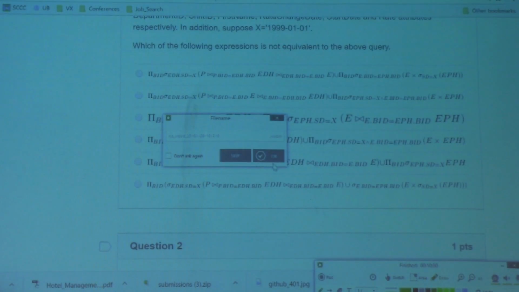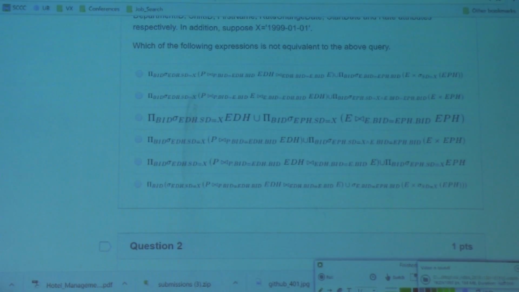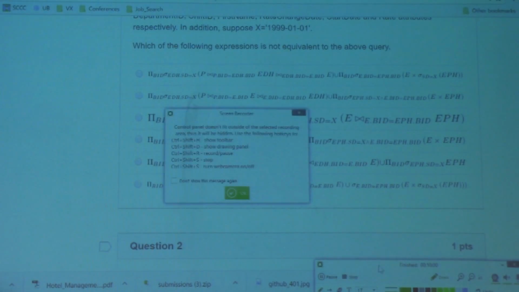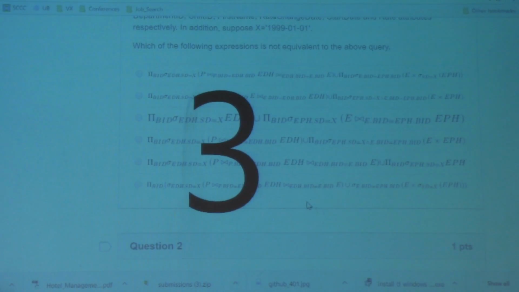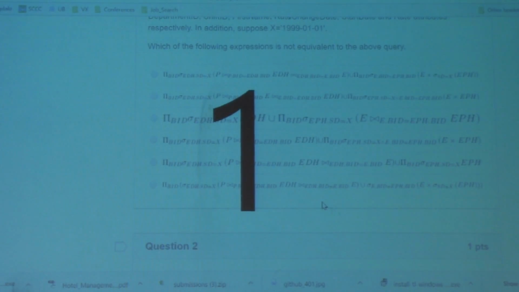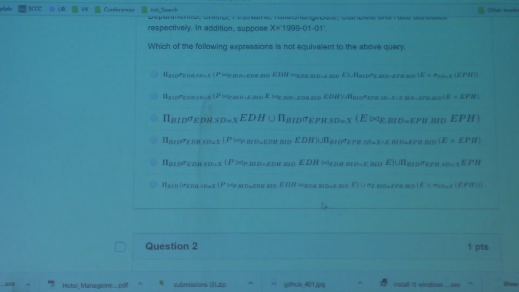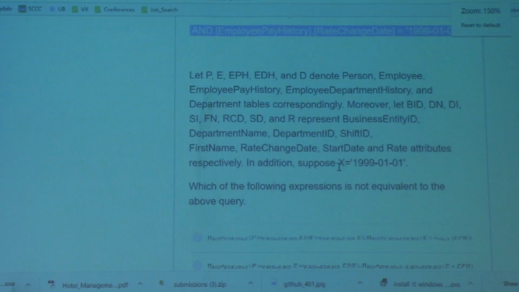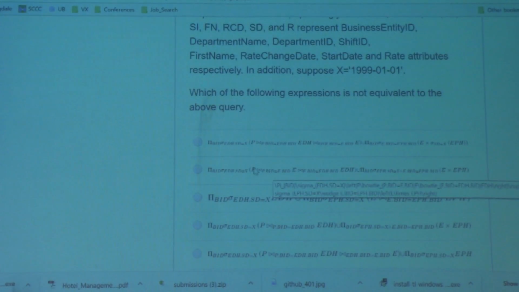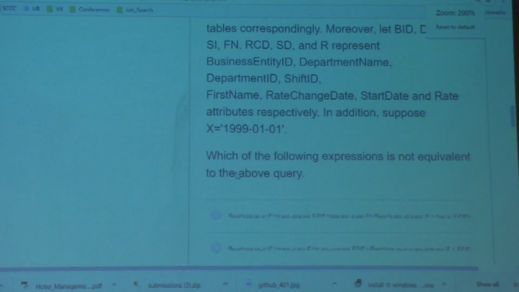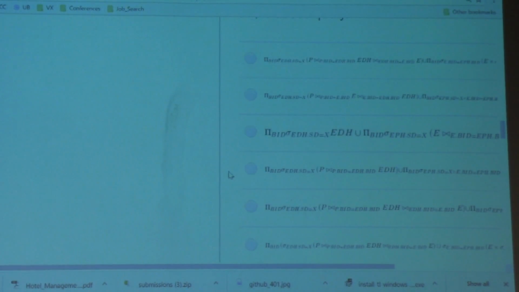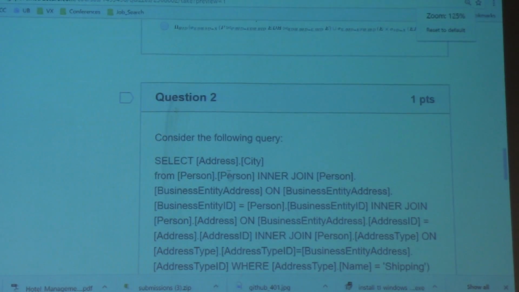Oops. You need to find the problem. Can you make it bigger, please? No, hold on. Why is it? The text is getting bigger, but it's probably not.